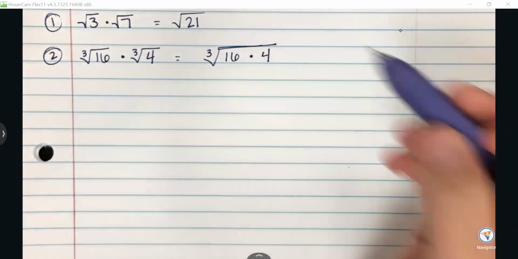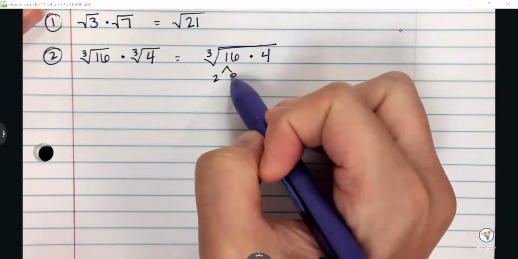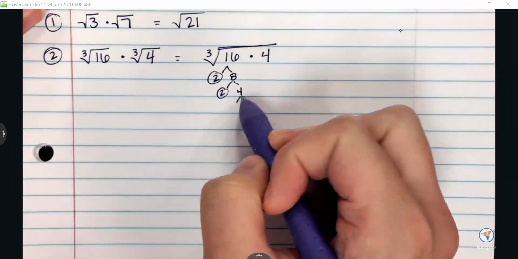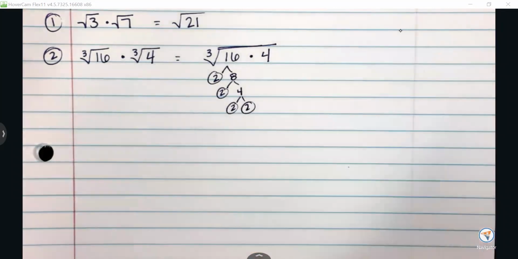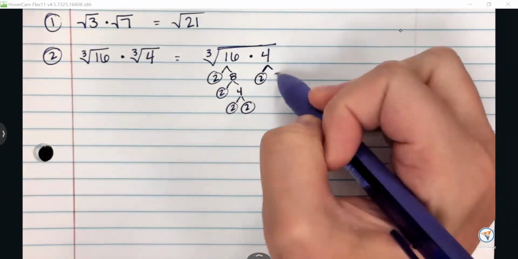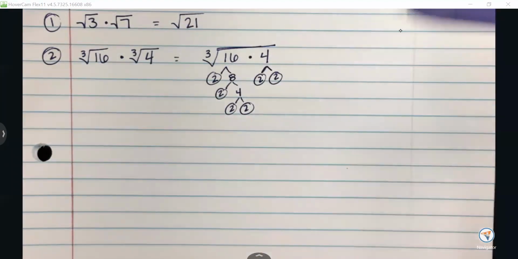Then what I do is I simplify it. So 16 breaks down into 2 and 8. 8 breaks down into 2 and 4. And 4 breaks down into 2 and 2. And I also have to break the 4 down. So that 4 breaks down into 2 times 2. Everybody follow so far, okay?